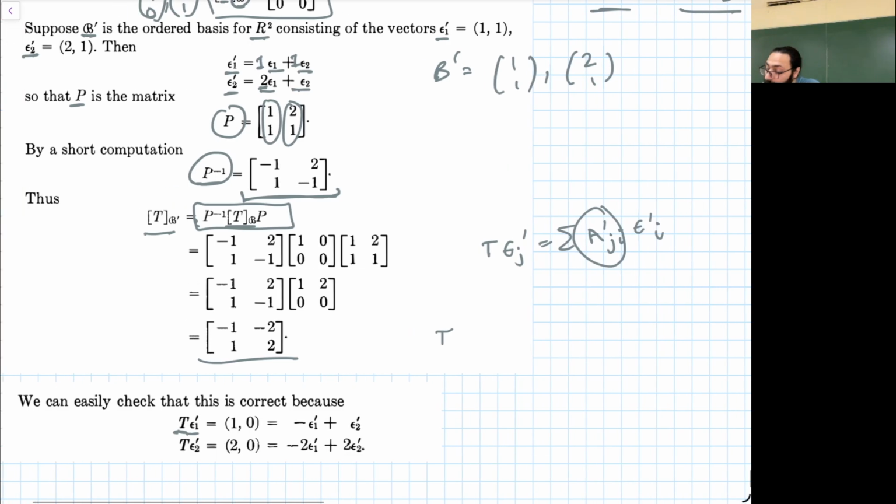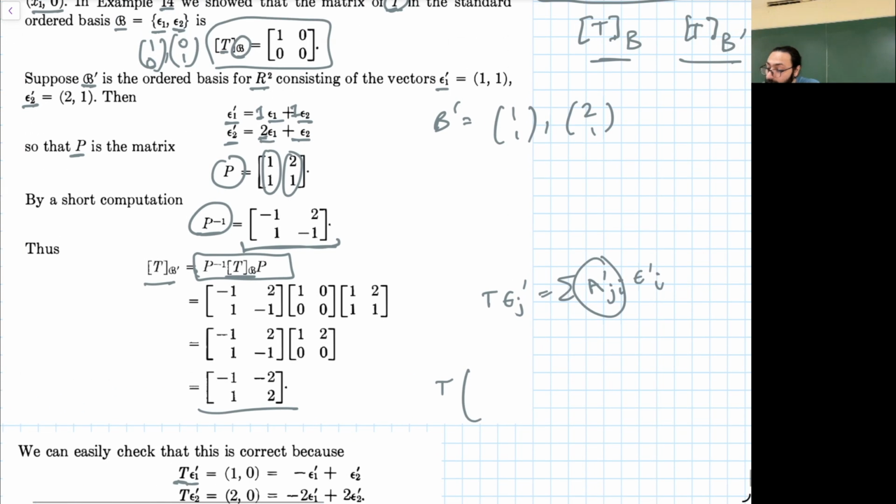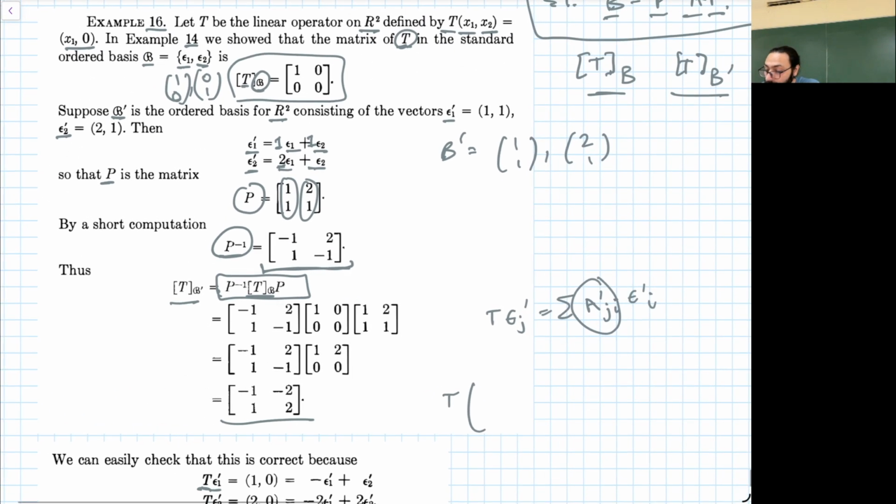Epsilon 1 prime equals (1, 1), and T removes the second component, so this would be (1, 0).